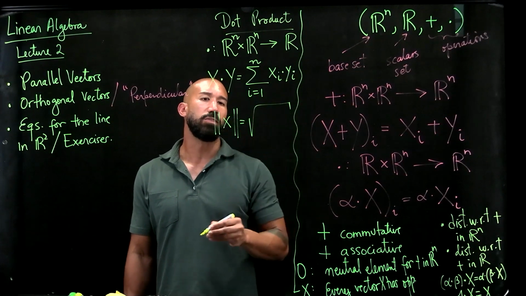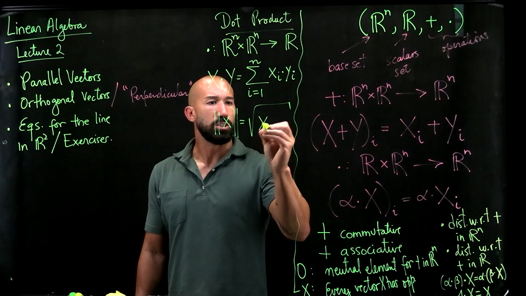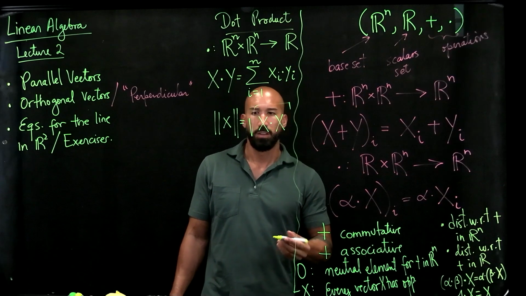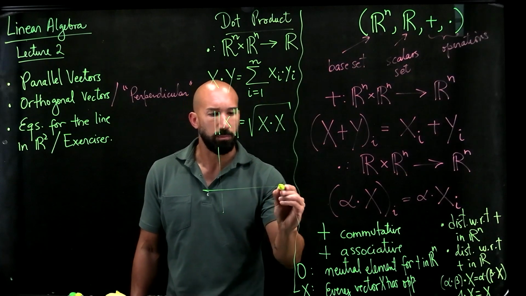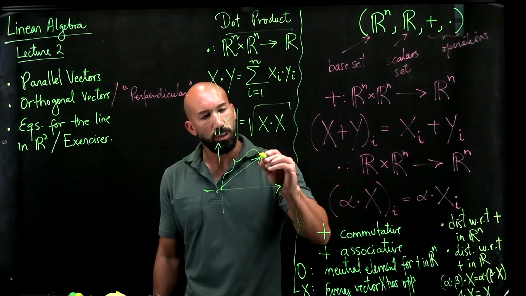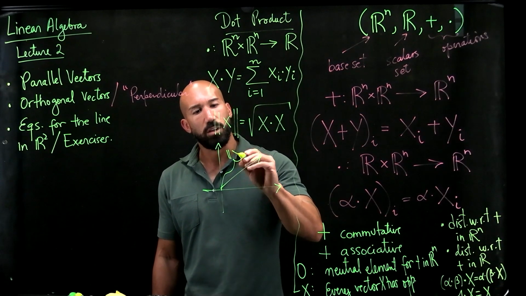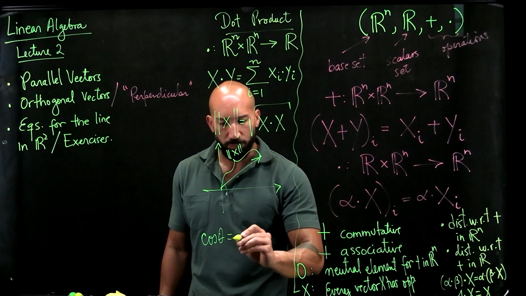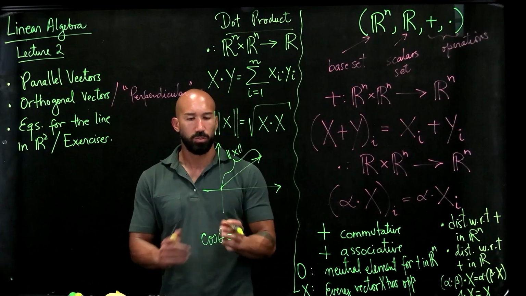We use the dot product to define the magnitude of a vector, which is the square root of that vector dot product itself. Geometrically, that magnitude gives us the distance from the origin to the ending point of the vector, and we also deduce a formula for the cosine of the angle between two vectors.